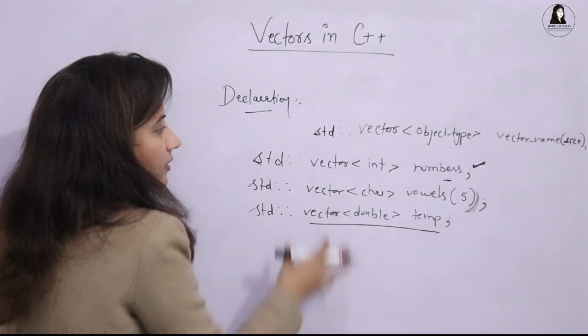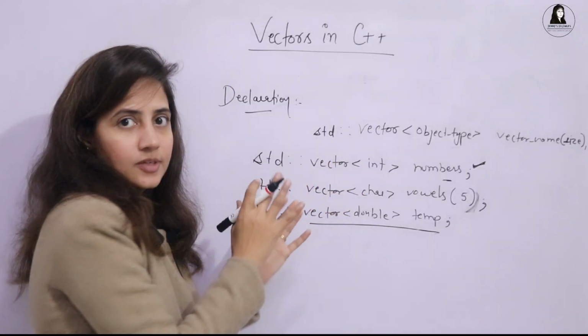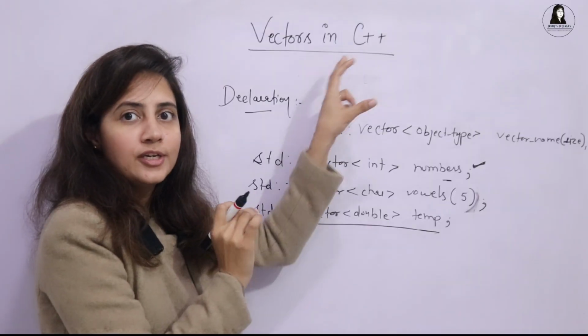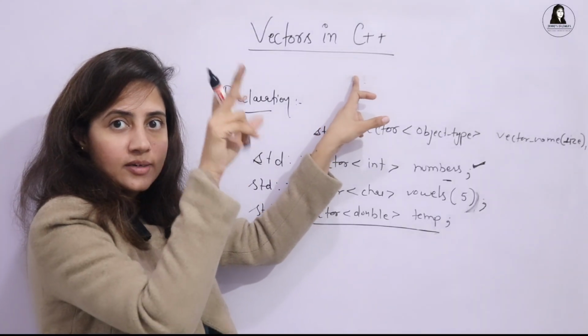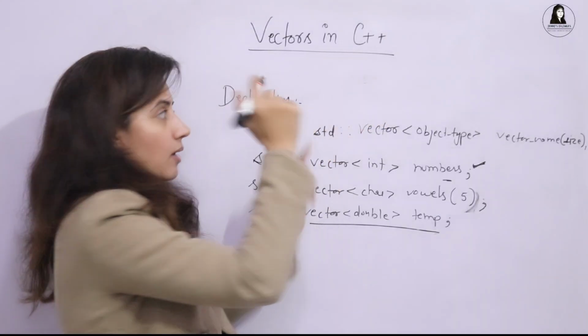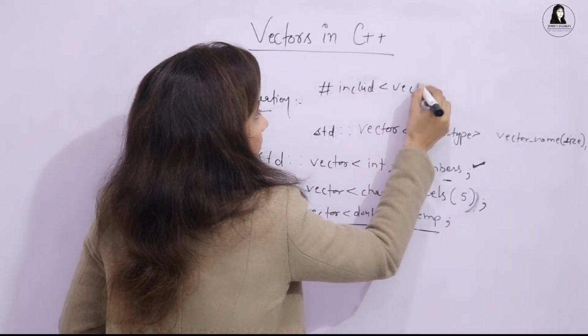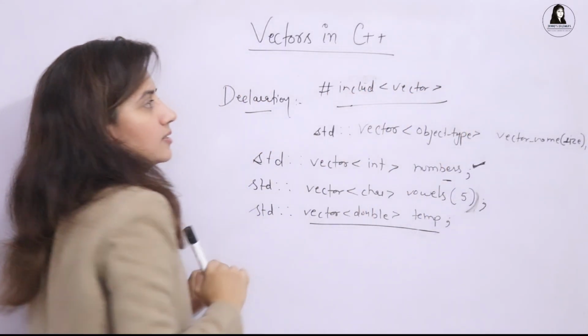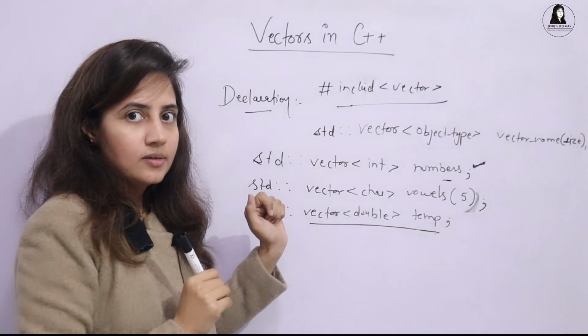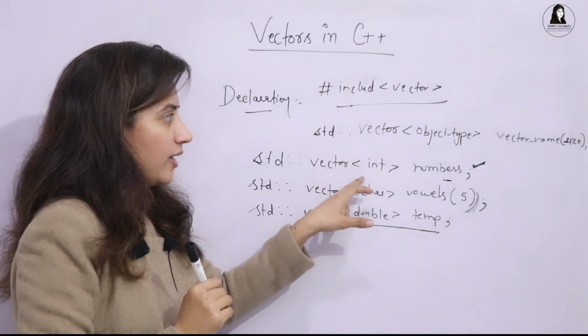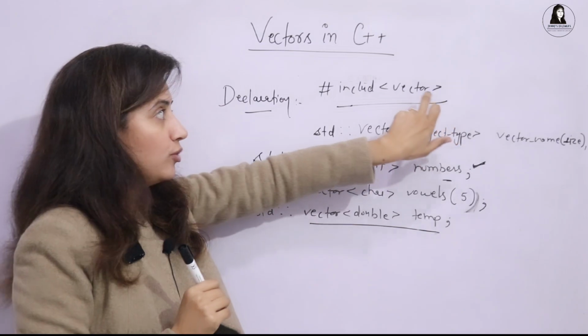Now one more thing, if you are using this vector class, then obviously you have to include the vector library above, like this, hash include vector. You cannot directly use vector from the standard template library without using this.